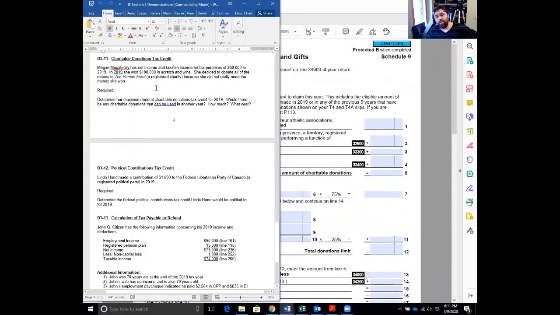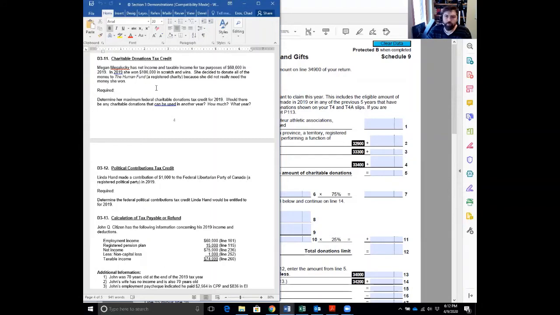In 2019, she won 100,000 in scratch and wins. She decided to donate all the money to the Human Fund, a registered charity, because she did not really need the money she won. Determine her maximum federal charitable donations tax credit for 2019. Would there be any charitable donations that can be used in another year?